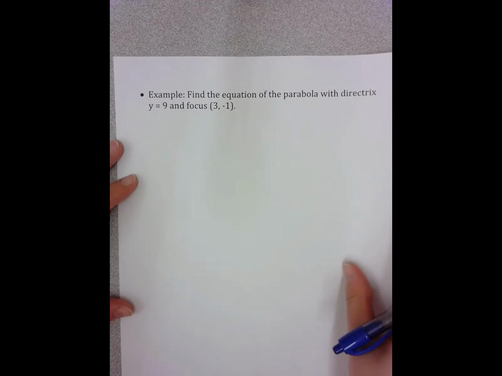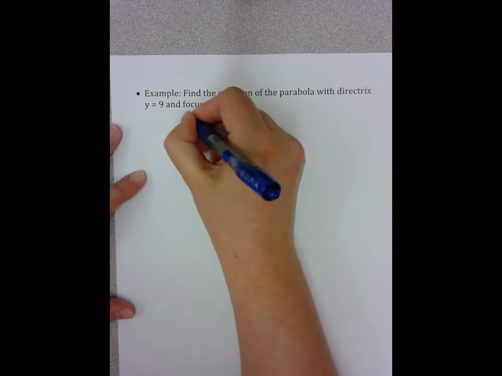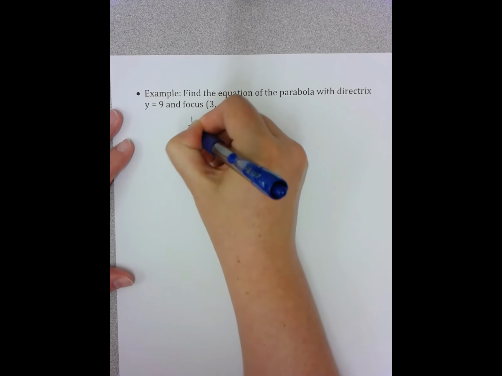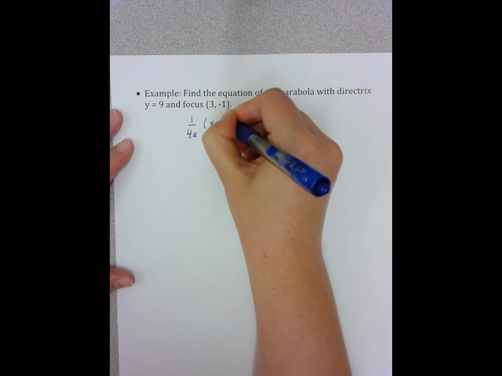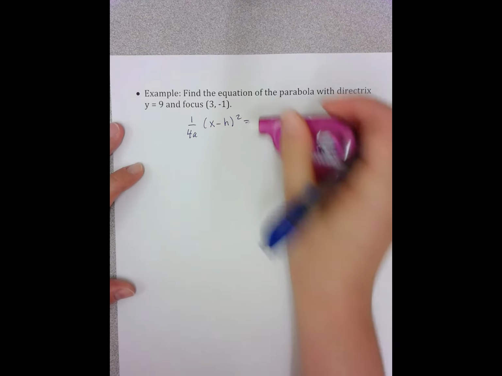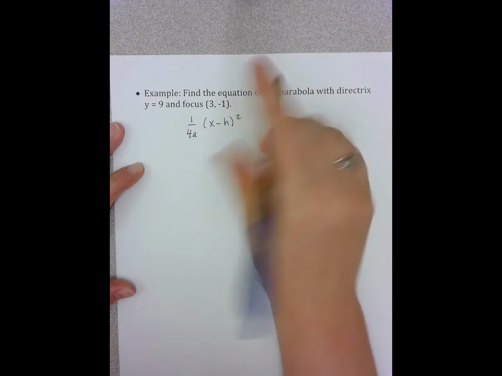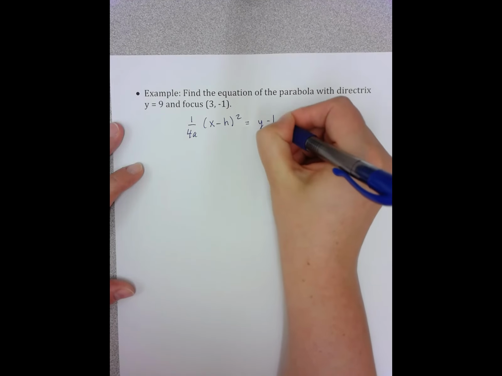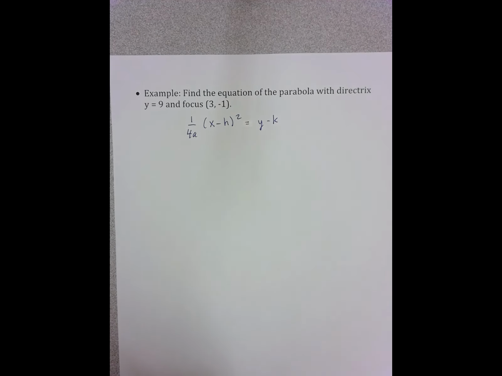I wanted to make sure that you understand that this formula, 1 over 4a (x minus h) squared equals y minus k, doesn't come out of thin air. We derive them. This exists because of the relationships between the focus and directrix and a point and the vertex.